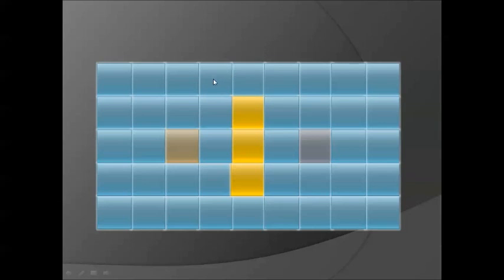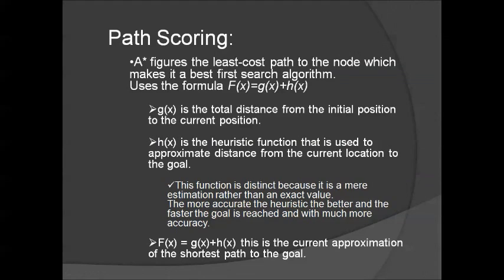So for this, say we traverse from here like this and then here, so 1 hop, 2 hop, 3 hop, and from here 1, 2. So this would be the approximation of h(x). Then we have f(x) = g(x) + h(x). This is the current approximation of the shortest path to the goal.